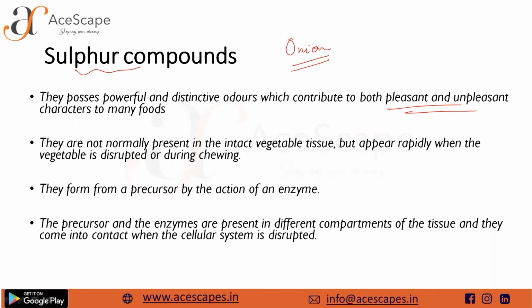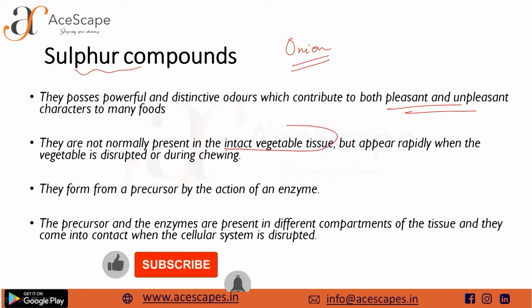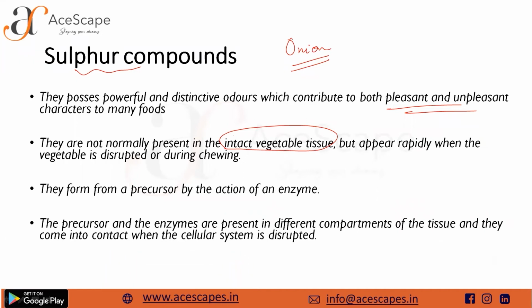These compounds are present inside the tissue. So when the tissue is intact, the compounds are also contained. When we cut an onion, what will happen?